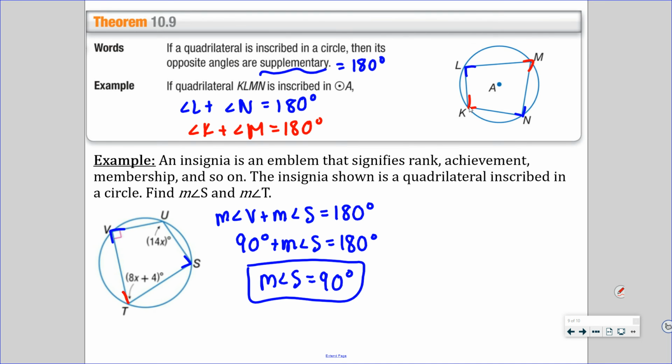Now they want me to find the measure of angle T, which its opposite angle is U, so I'm not going to set them equal to each other. They're supplementary. I'm going to add them together and set them equal to 180 degrees. Solve this quickly.